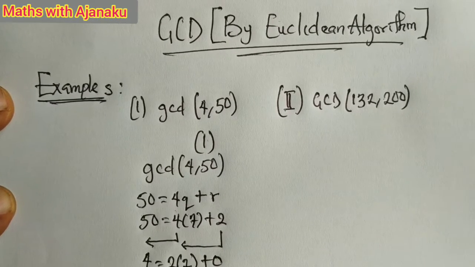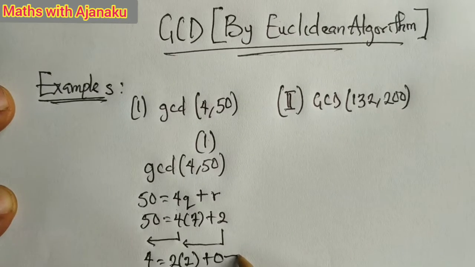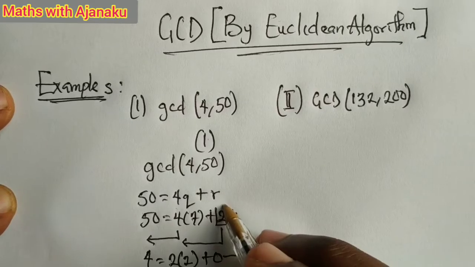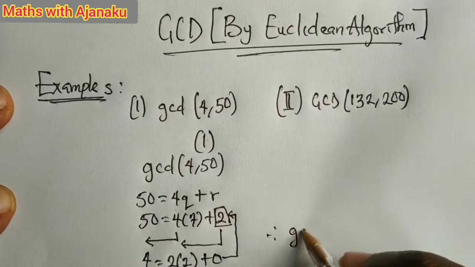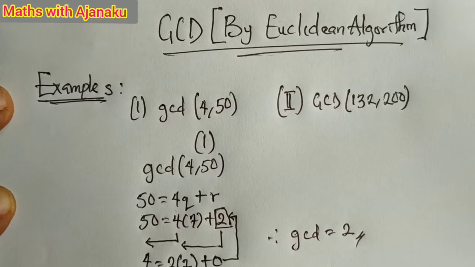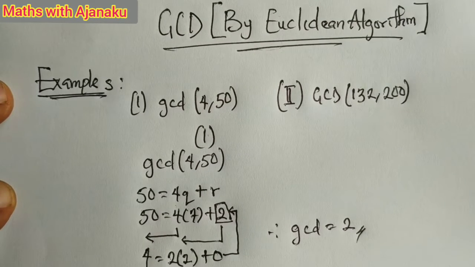So when you get to a point where we have the remainder to be 0, you take a step backward to the previous remainder you got, which is 2 here. So that will be our GCD. Therefore, our GCD now will be equal to 2. So the GCD of 4 and 50 is equal to 2. I hope that is very clear.